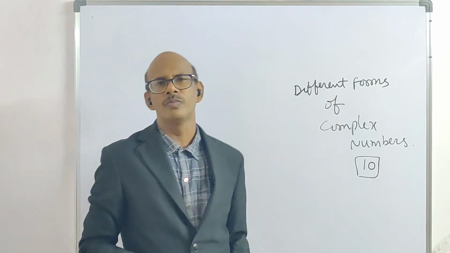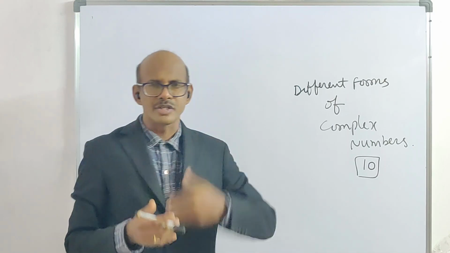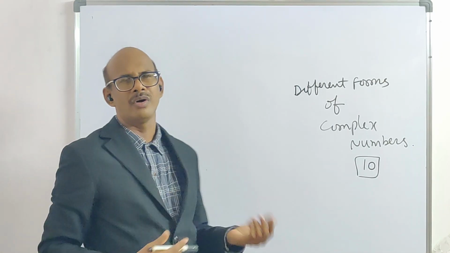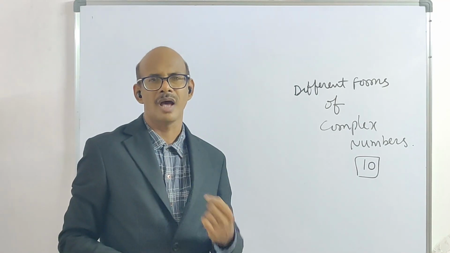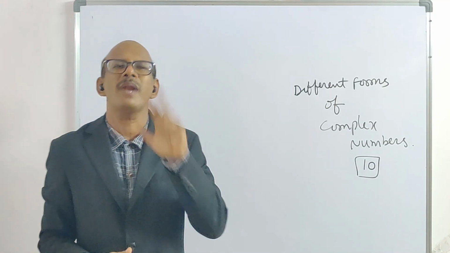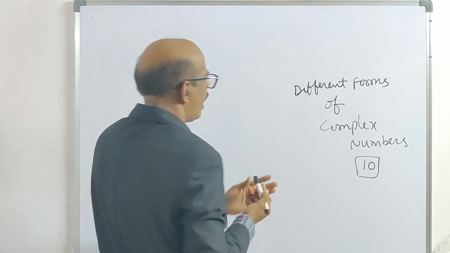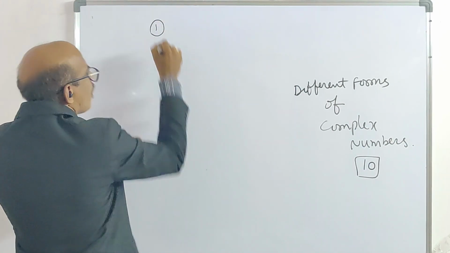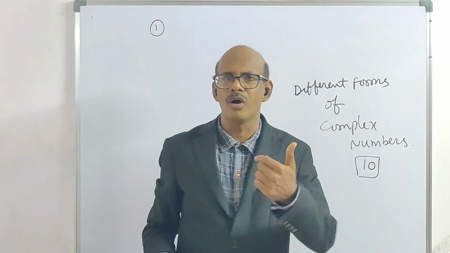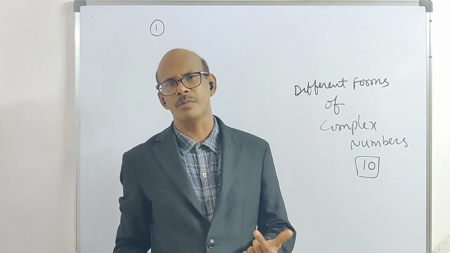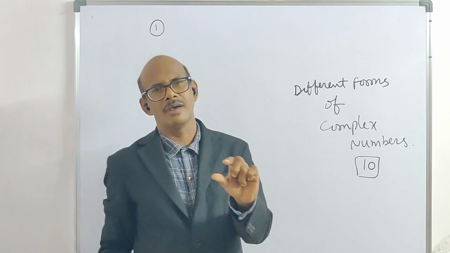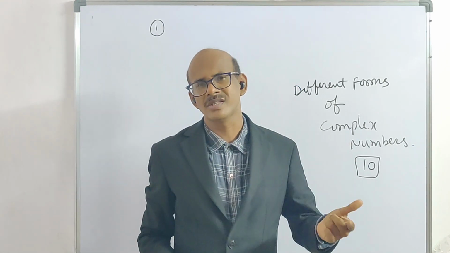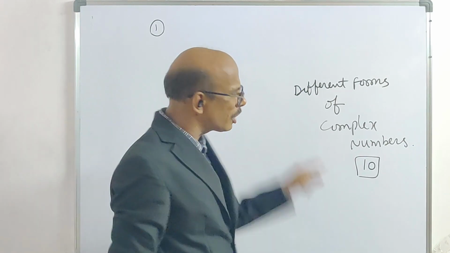Before I enter into today's discussion, from the last video some balance explanation for the forms given remains, which I am going to give. Concentrate: 10 forms were given in the last video, the introduction of complex numbers video. If you have not watched it, please watch the previous video also, then this video will be a continuation.